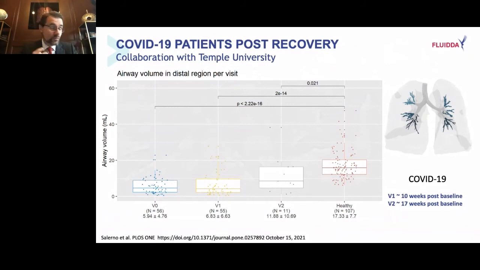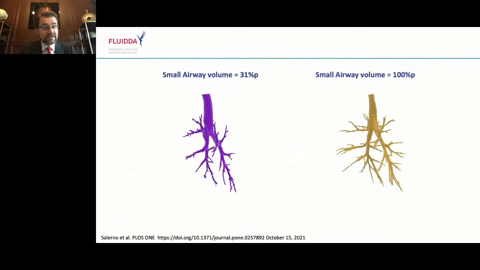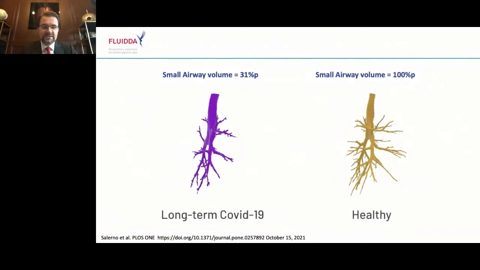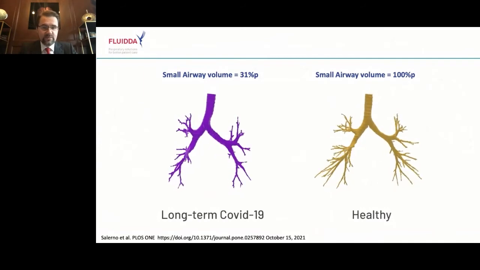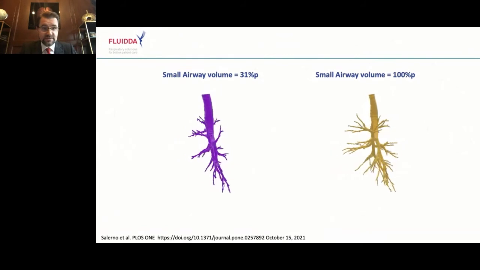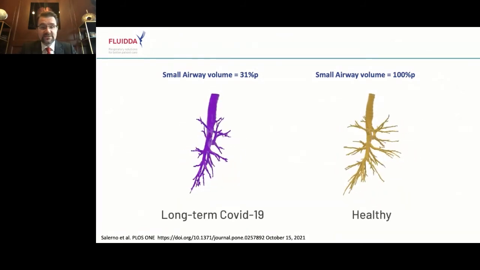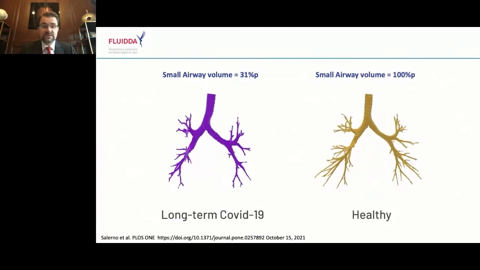And it takes weeks, months to even get close to the more healthy levels. So there is a long-term inflammation in these patients. And the tricky part is, if you take a CT scan, visually those airways don't look that dissimilar. But again, if you measure, in this case, for this patient, the airway volumes are only 31% predicted. So a 70% reduction, which is quite substantial.